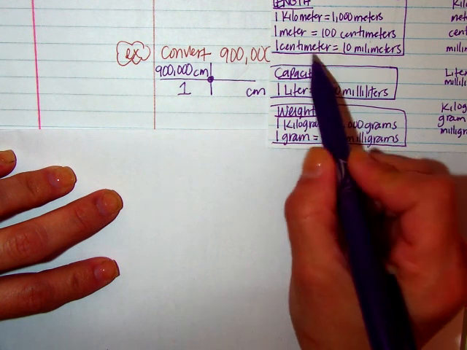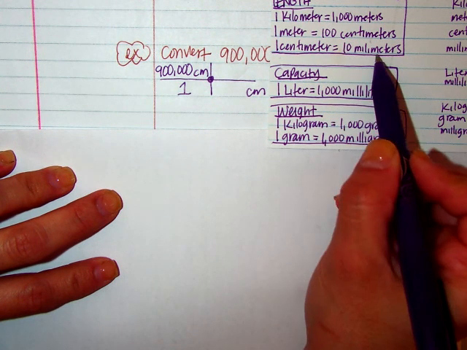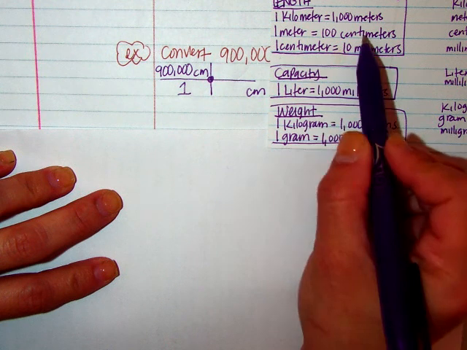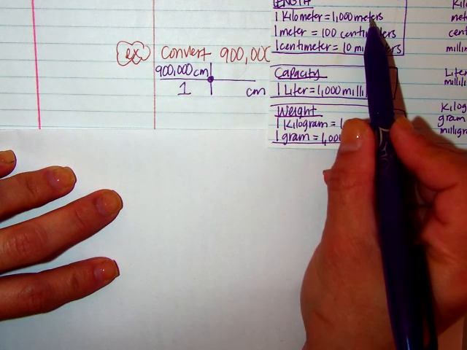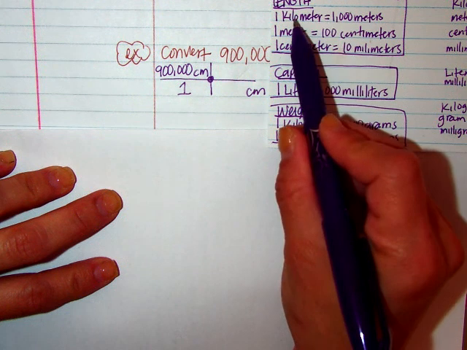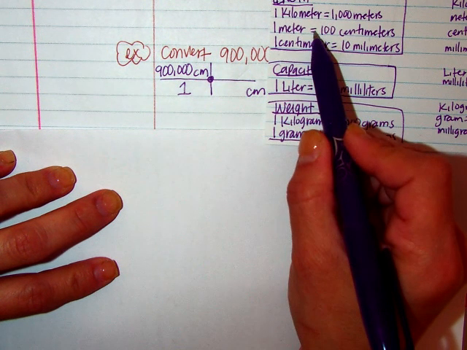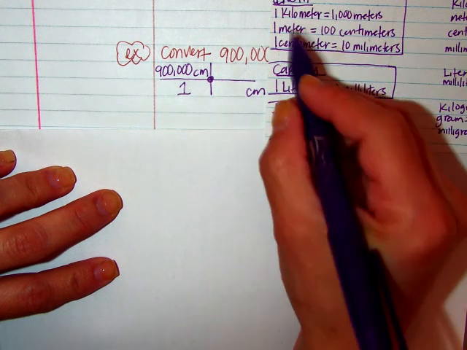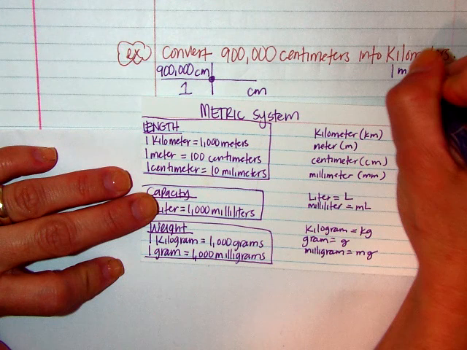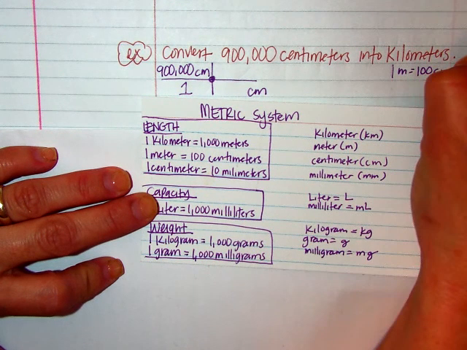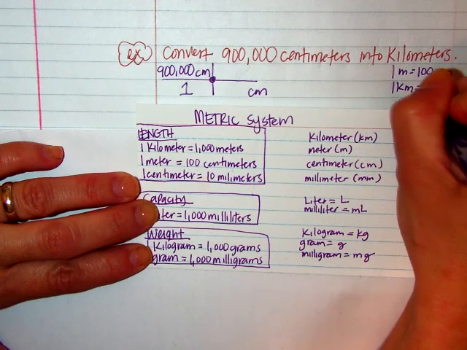But I do have ways to get to kilometers. I see that 1 centimeter is 10 millimeters. That's really not going to help. But I see a relationship between centimeters and meters, and I also see a relationship between meters and kilometers. So I think I'm going to need these two conversions in order for us to complete this problem. I'm going to need 1 meter is equal to 100 centimeters, and I'm going to need 1 kilometer is equal to 1,000 meters.